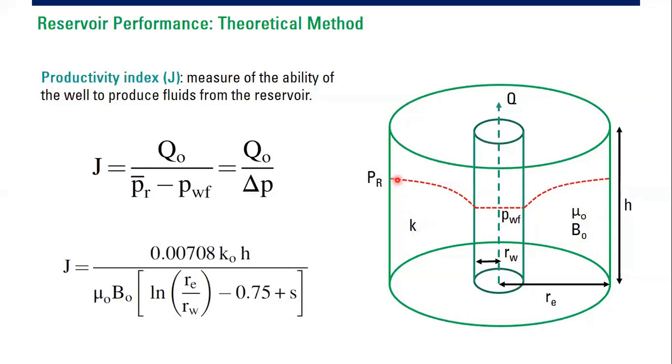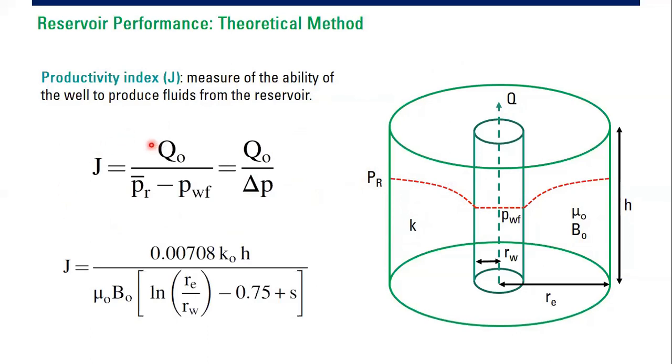And this is the pressure profile, starting from the reservoir pressure, going down to the bottom hole flowing pressure. So if this system is true, then the productivity index can be easily calculated using this formula, assuming that we only have one phase in our reservoir system.